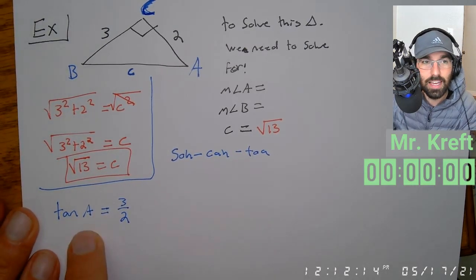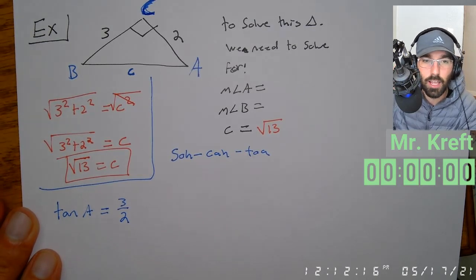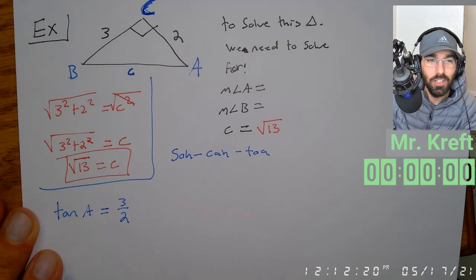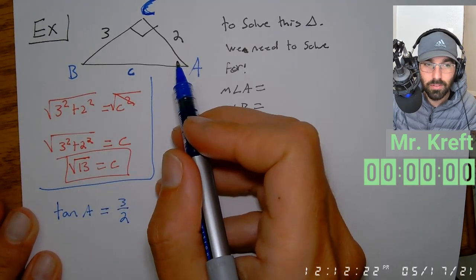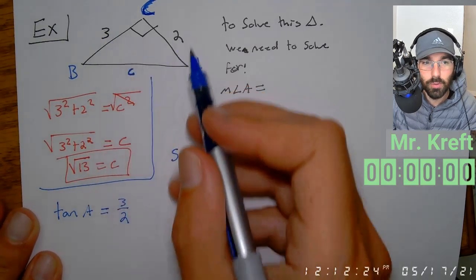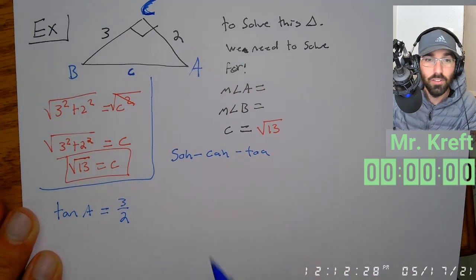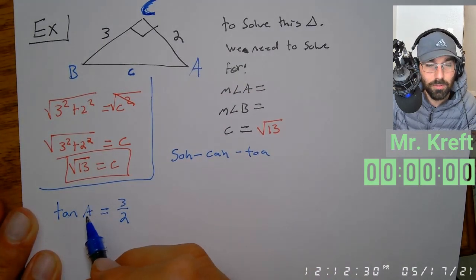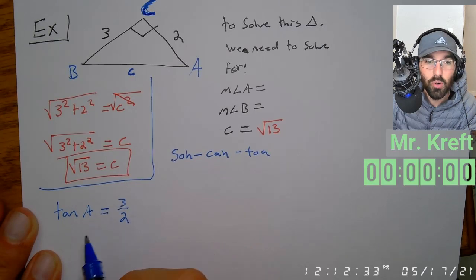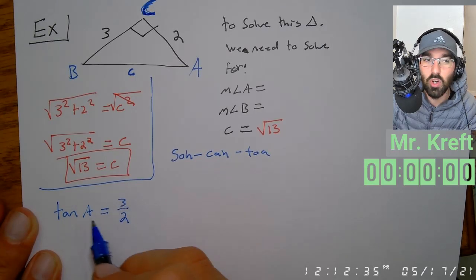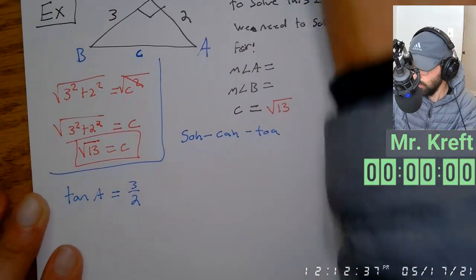Now notice how solving for the angles is the exact same setup as solving for sides. You pick a reference angle and you pick a ratio from SOHCAHTOA. The only difference here is now we know our sides, but we don't know our angle.